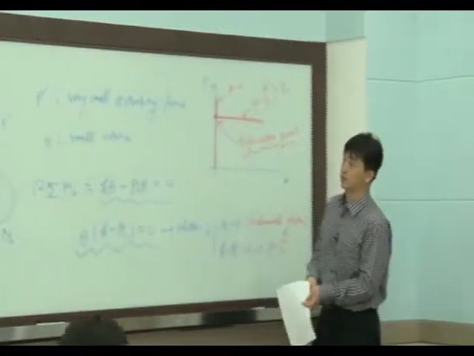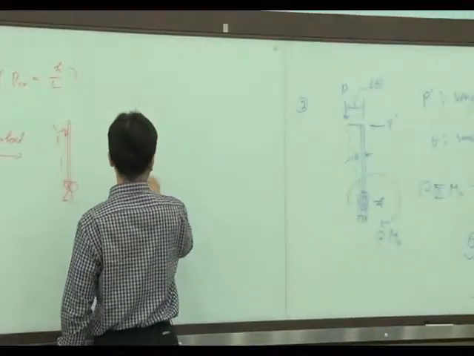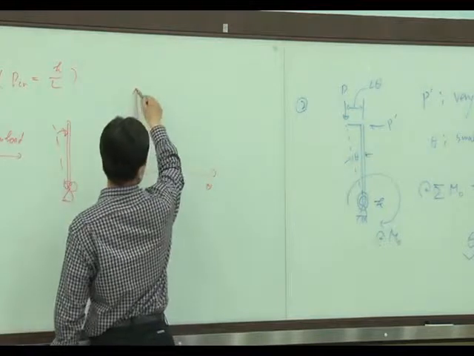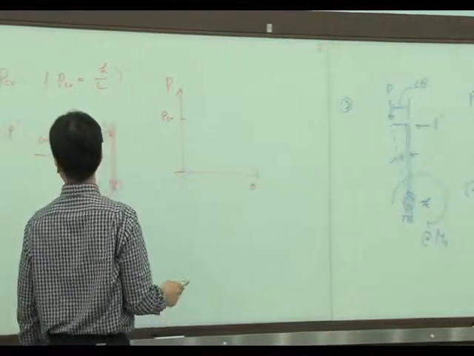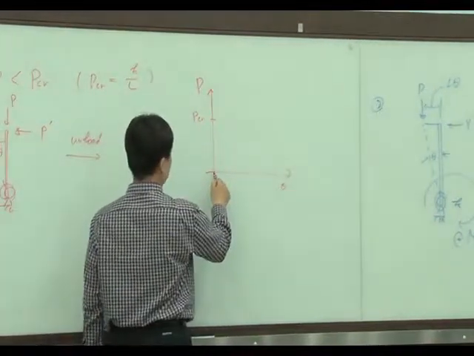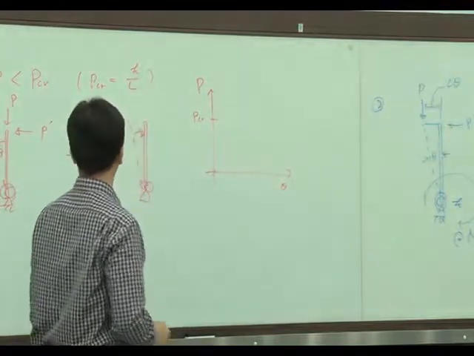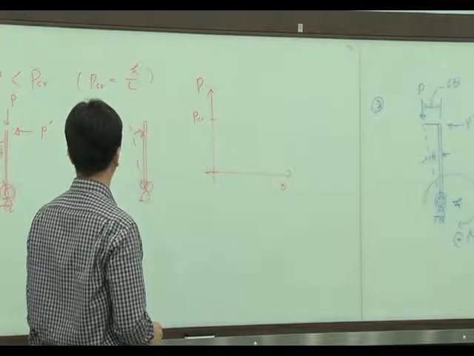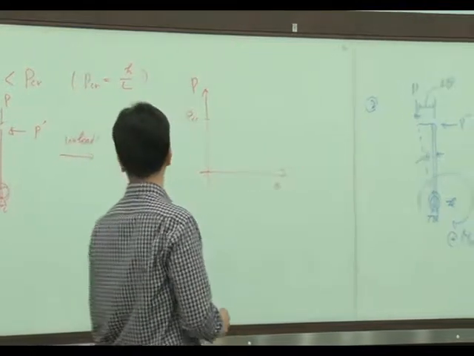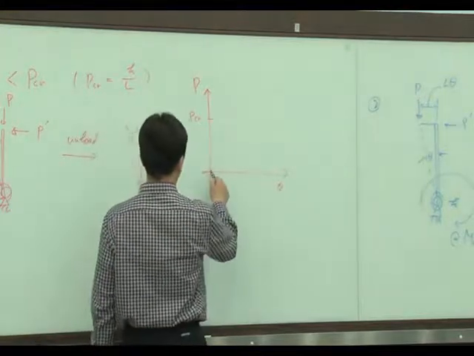So we can understand that behavior in this curve. In the theta-P curve, this is PCR. Actually, that theta is very small, so we can understand.